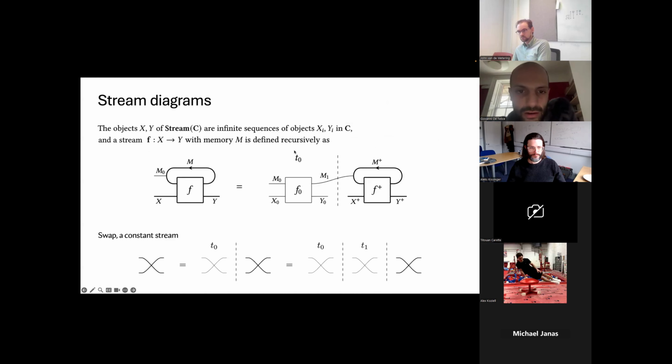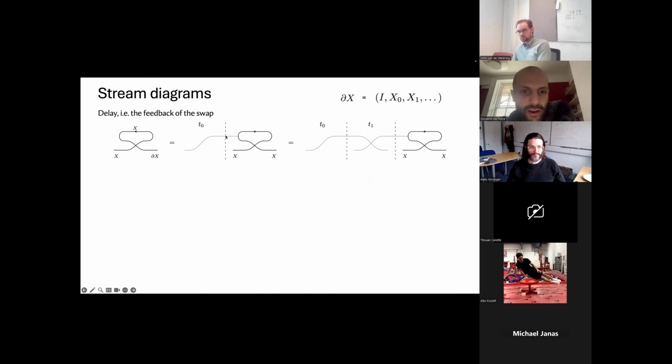And then from then on, you can define this with an initial memory to be the swap and then itself. So this delay line with an initial value is just the swap and then itself. As you can see, the input at time step 0 gets output at time step 1, and the input at time step 1 will be output at time step 2, and so on.